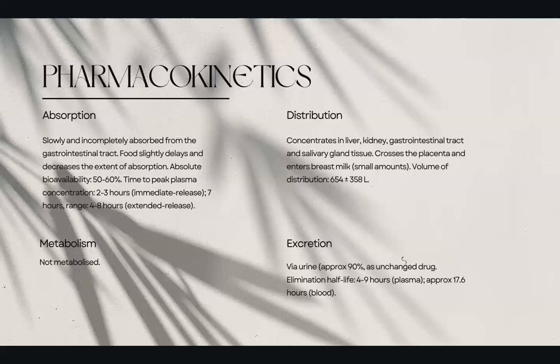As for the metabolism, it is not metabolized. And for the excretion, via urine, approximately 90% as unchanged drug. Elimination half-life is 4 to 9 hours. In plasma, approximately 17.6 hours in blood.